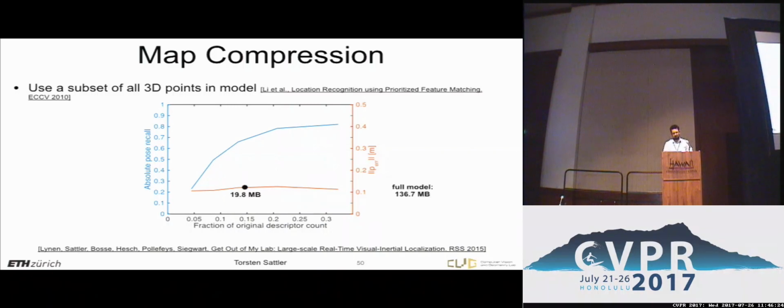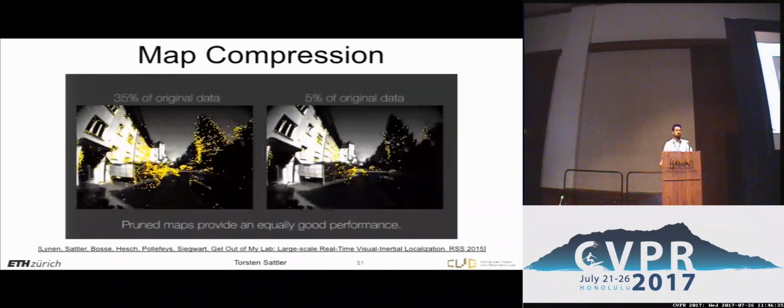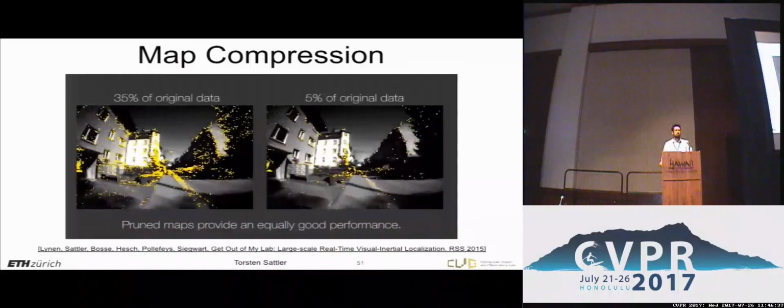And this allows you to go from 130 megabytes for one trajectory of, I think, 1.3 kilometers to 20 megabytes. If you look at it visually, there's very little difference in the reprojection of the points.